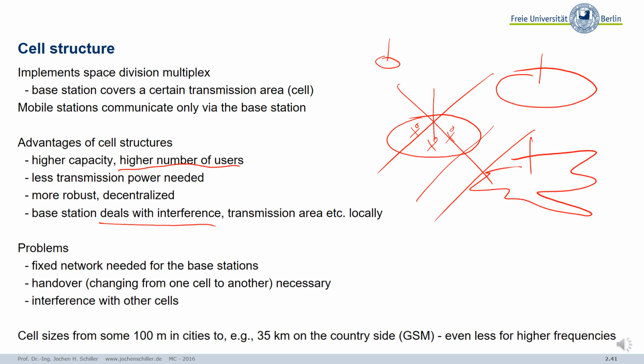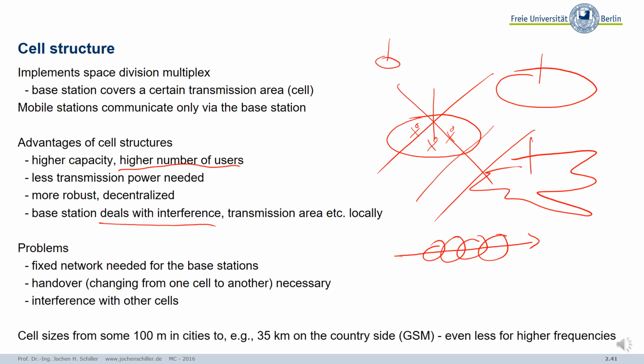As soon as we introduce cells, we have many overlapping cells, and as you move through them, we have to take care of the handover from one cell to the next. That's something we look into when we come to the mobile phone system. You also have to avoid interference with other overlapping cells, so in classical technologies you use a different frequency. So there are some problems.